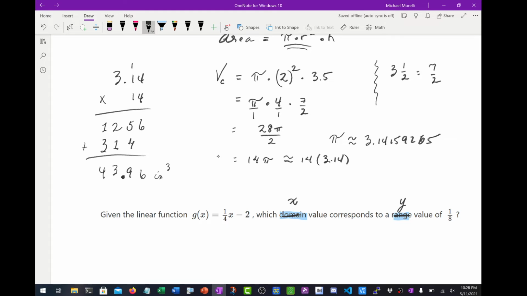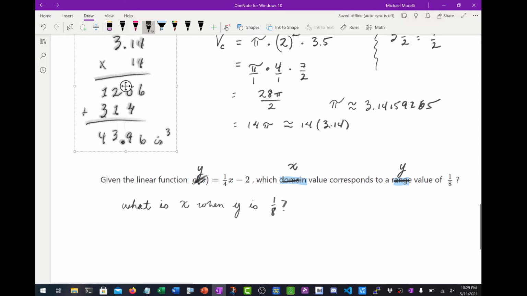Okay, so read it again, makes a lot more sense. In fact, cancel out g of x and just put y. So now look at this again. Given the linear function y equals 1/4 x minus 2, which x value corresponds to a y value of 1/8? In other words, what is x when y is 1/8?